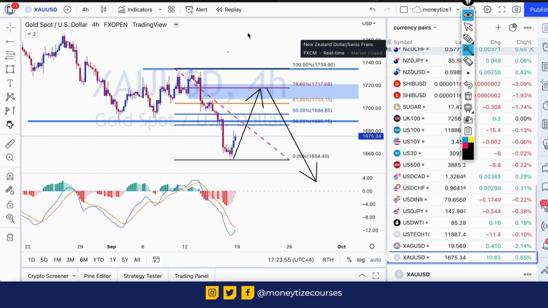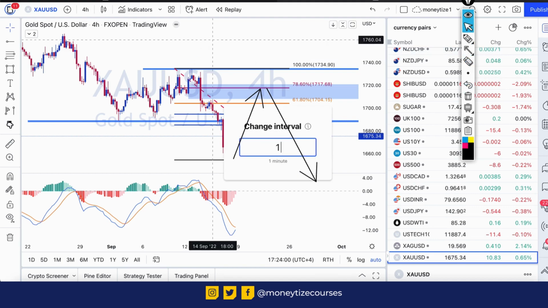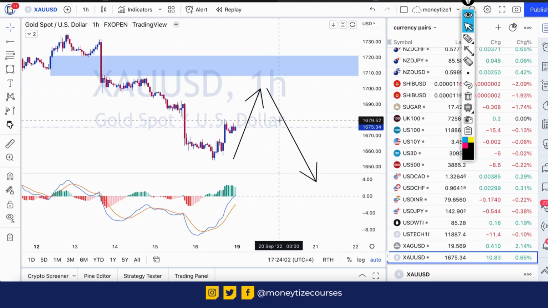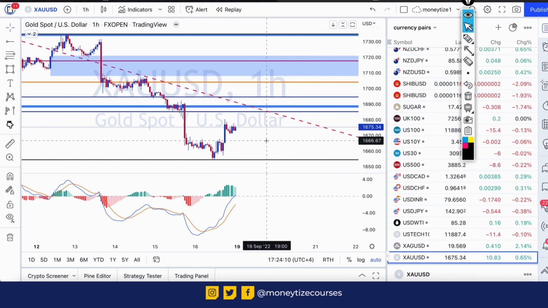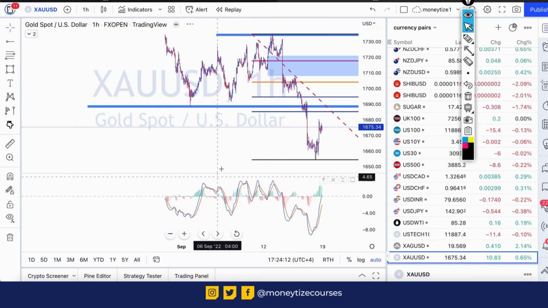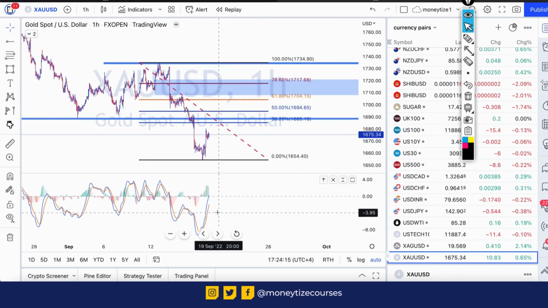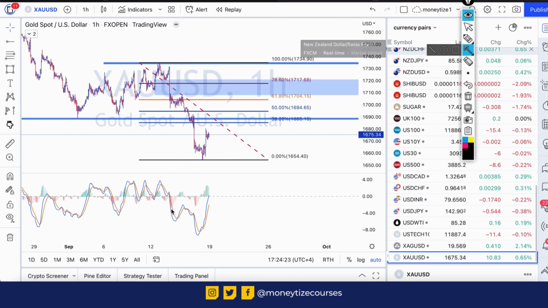Let's see on 1 hour. As per the MACD lines, we do not have a bullish divergence, but only as per MACD histogram from here to here. This is the previous high, which should be broken, so I doubt.